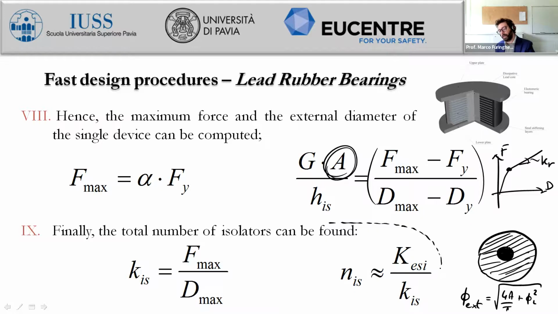You have seen that the procedure is quite similar to the one provided for the pure rubber bearings. We just need to consider also additional parameters because the overall behavior is a little bit more complicated. But I try to provide guidelines based on realistic data for full-scale devices which have been experimentally tested.